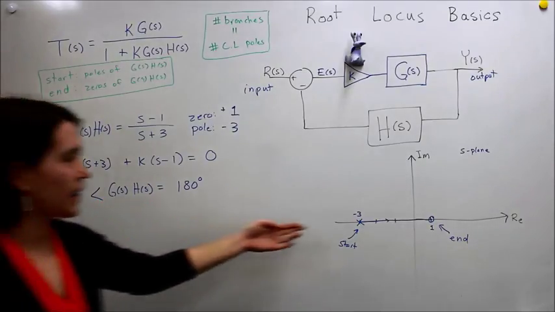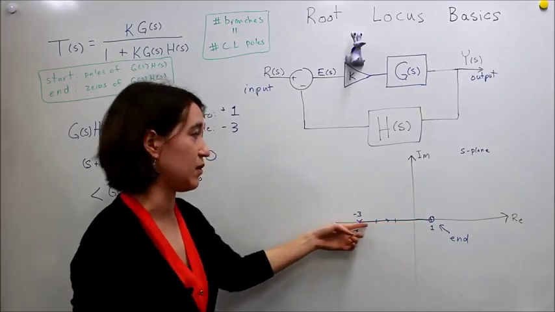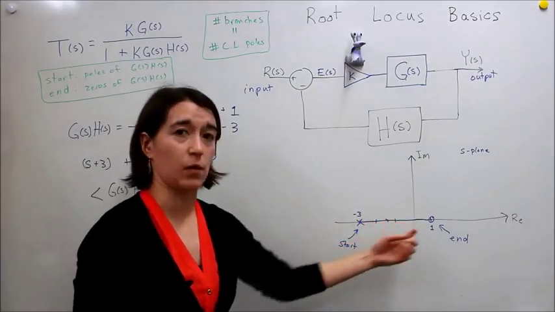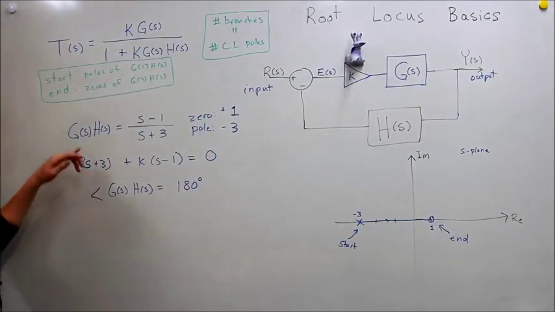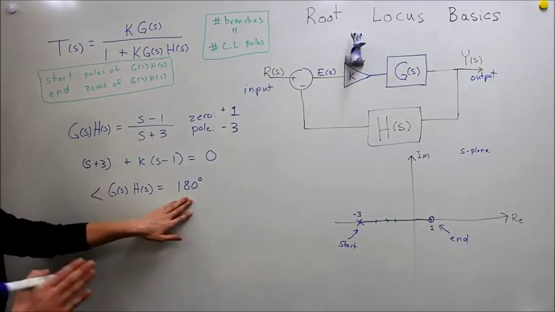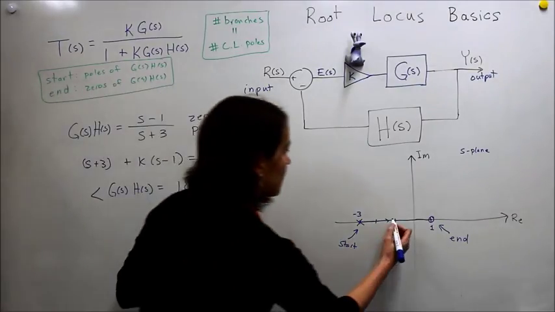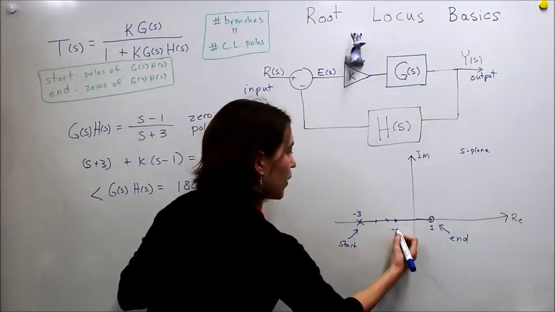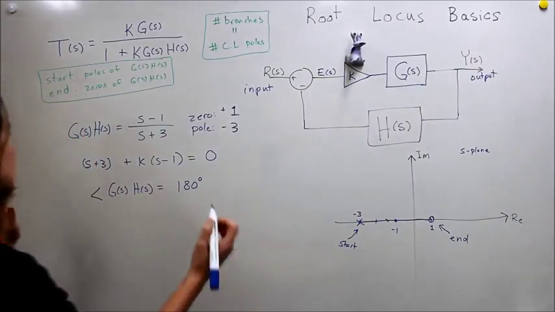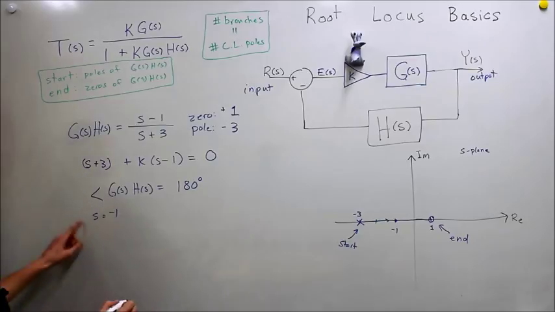If we pick any real value between negative 3 and 1 and put it into our equation, we'll see that we get a 180 value out. Let's take a test point to understand it. Let's take negative 1 as our value. Let S equal negative 1 and throw that into our equation.